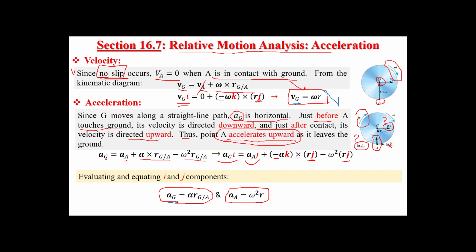The centroid acceleration always equals alpha cross product R, and this is the acceleration for the point in contact. So this is VG, AG, now this is AA. VA equals 0, because this is the instantaneous center of zero velocity. But regarding acceleration, there is a value, which is equal to omega squared R.